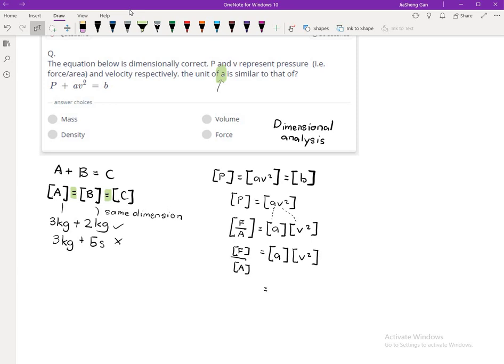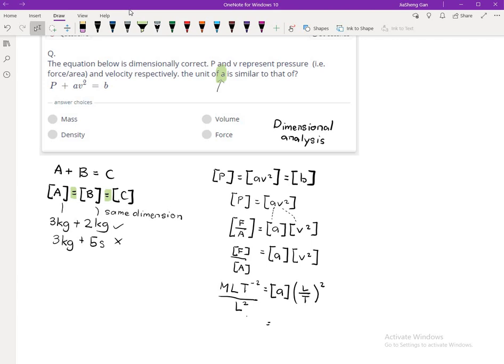Okay, so for the dimension of F, the unit is kg m s negative 2. Kg is a mass, m is meter, meter is a length, s negative 2 is time to the power negative 2, divided by area. Area is length squared. You want to find A, we keep it as A. V square is just length divided by time, squared.